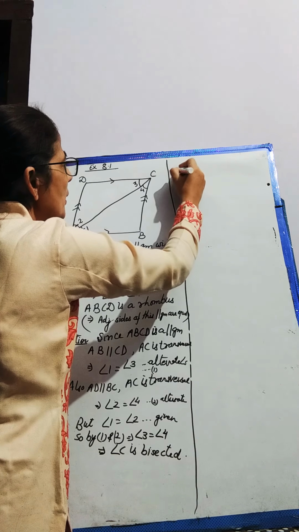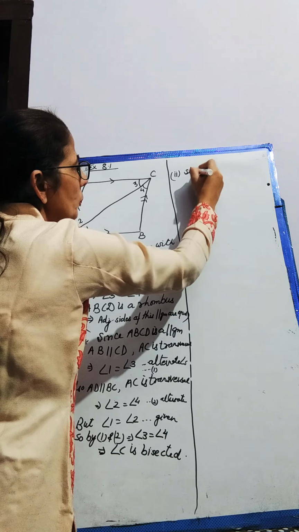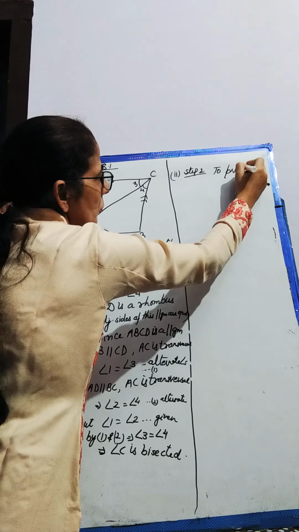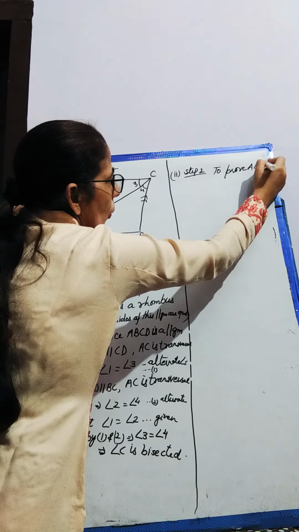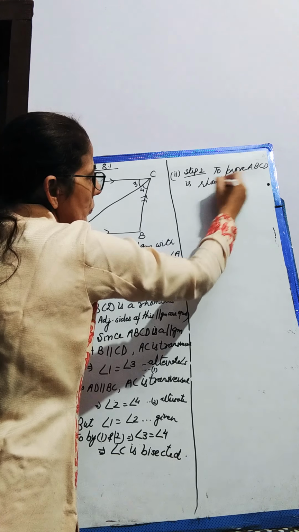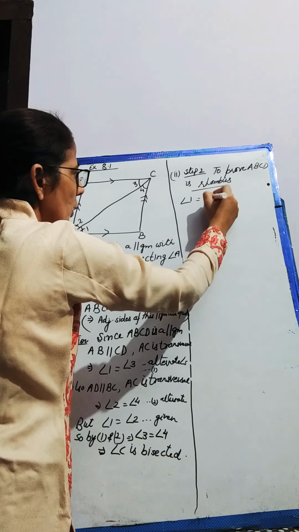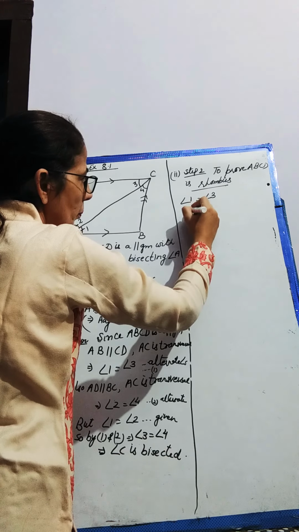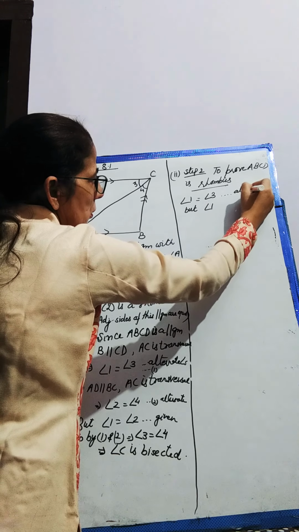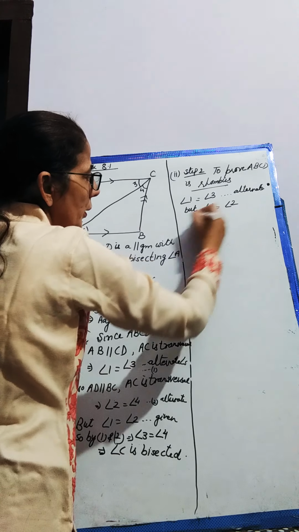Now the second step is to prove ABCD is a rhombus. Step 2, to prove: ABCD is a rhombus. Angle 1 is equal to angle 3 because of alternate angles, but angle 1 is equal to angle 2.